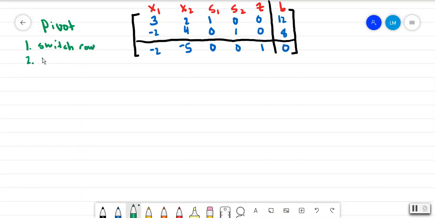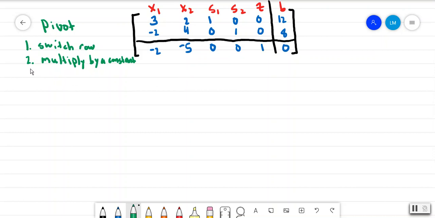You can also multiply a row by a constant. I should be careful: when you multiply by a constant, you want to do that in a way that keeps this positive, because you never want to multiply by a negative value.